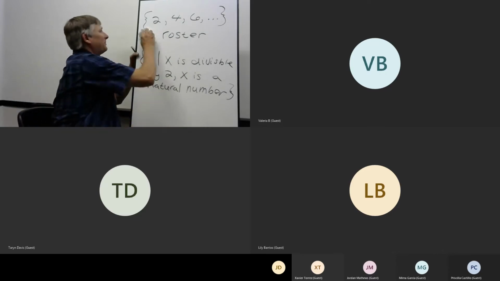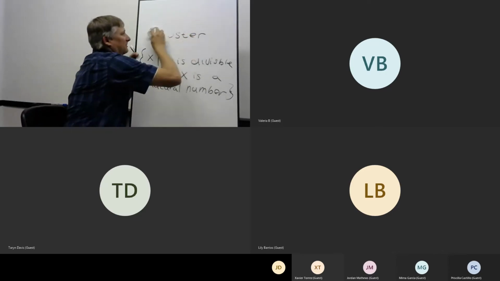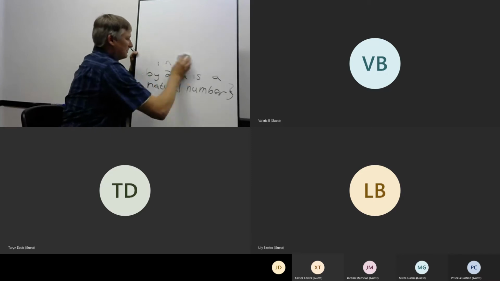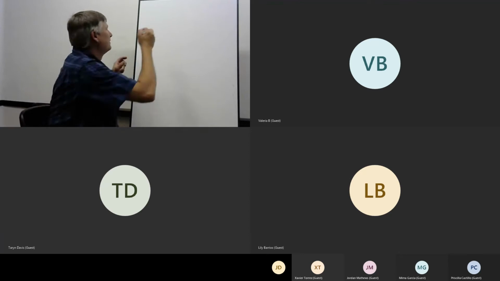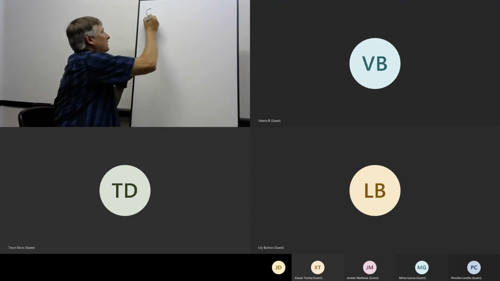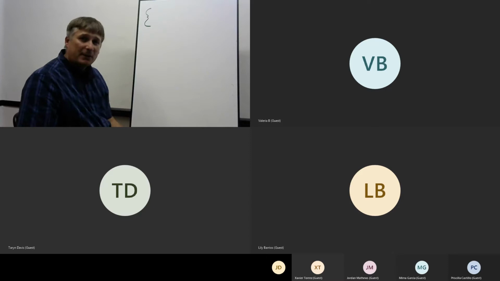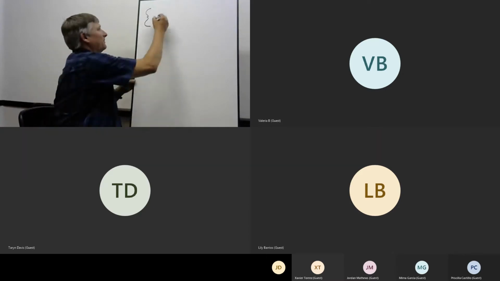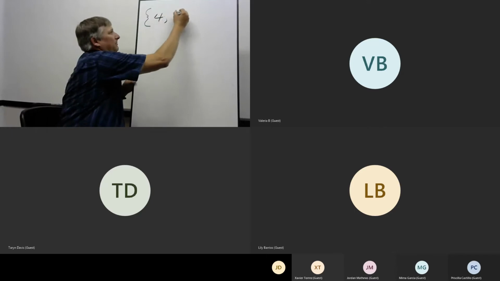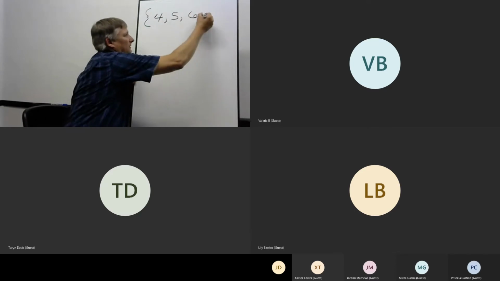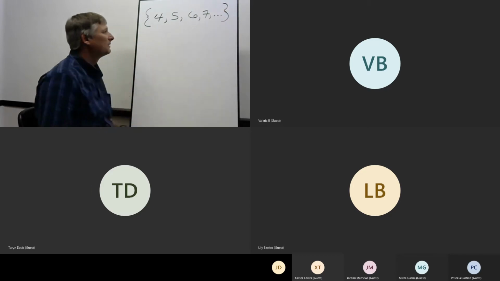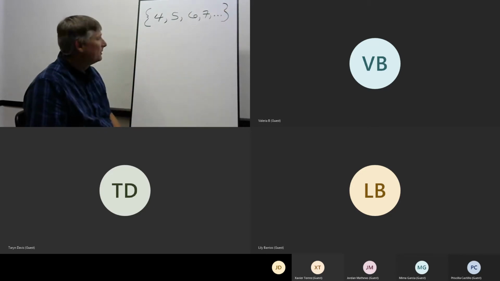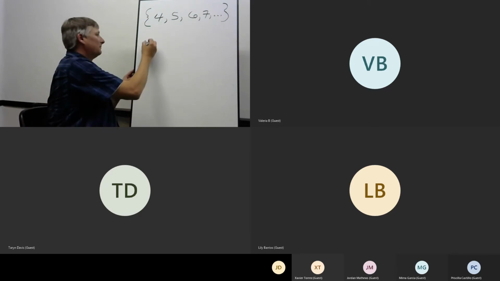Another way of thinking of this. Let's say we're thinking about all numbers bigger than 3 that are natural numbers. We can list them out in roster form, or we can do it in set builder form.